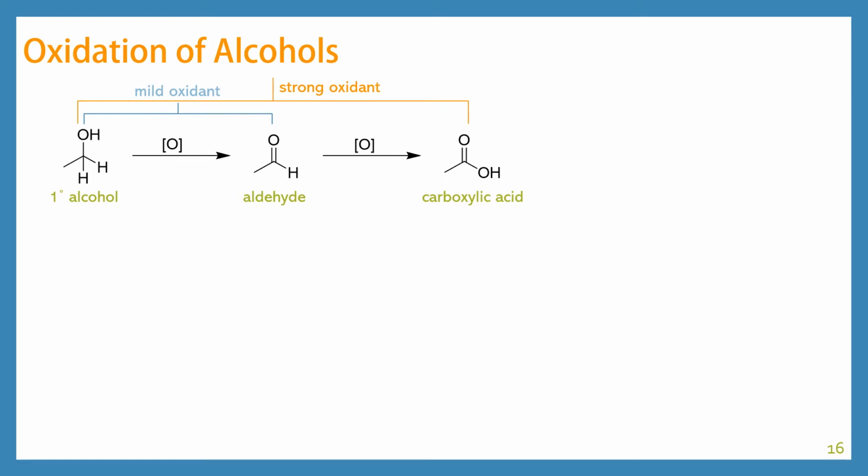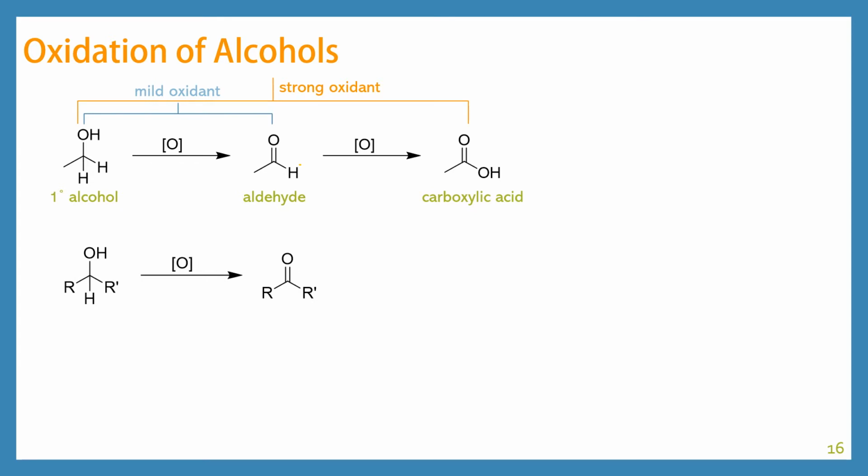But if you have a strong oxidizing agent, it is going to take the alcohol, turn it into the aldehyde, but then the aldehyde is going to get further oxidized to the carboxylic acid. And so the aldehyde will not appear as a product because it's going to look to you like you went straight from the alcohol to the carboxylic acid. So knowing the relative strengths of your oxidants is really important.